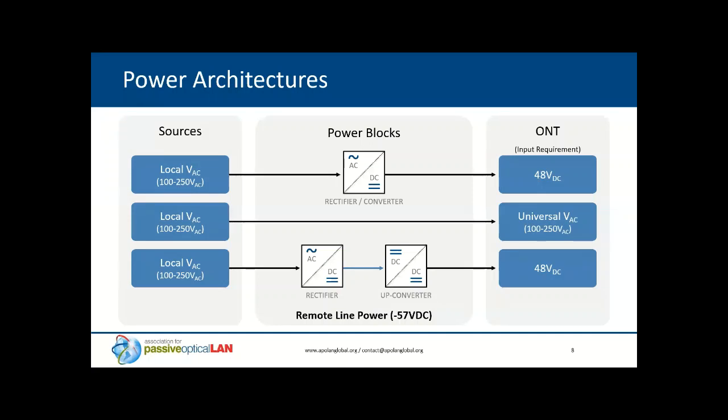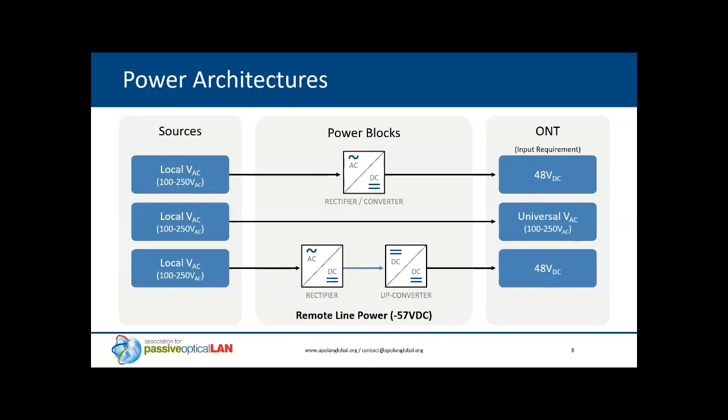We see 3 main architectures that all start from the same, your local AC, and then they all finish the same, bringing a DC to power that electronic circuit. Let's remember that virtually all electronics use DC power, as it provides a more stable current flow to your electronic device.